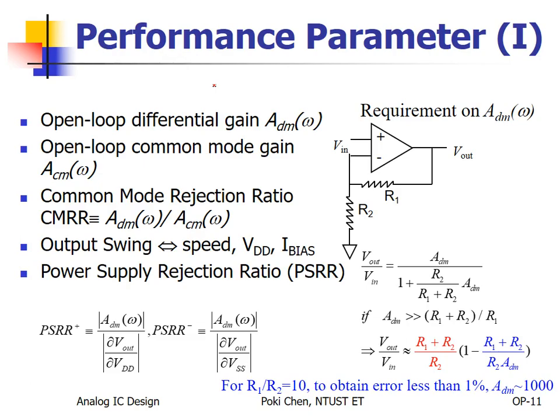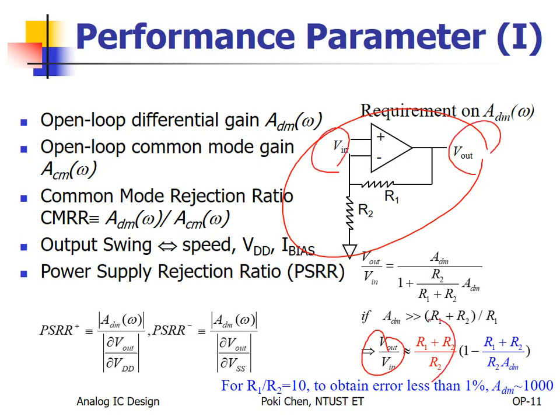For performance evaluation, for example, this is some kind of non-inverting amplifier. In the past, in microelectronics, it will say the gain between your output and input looks like this, right? Piece of cake. How can you make this?